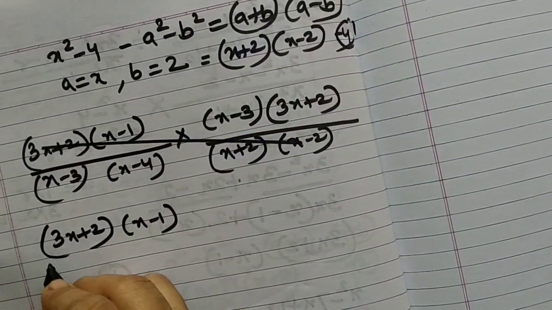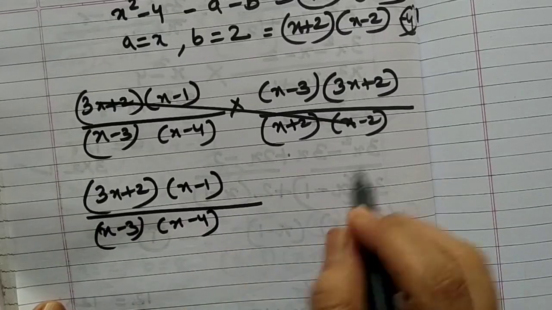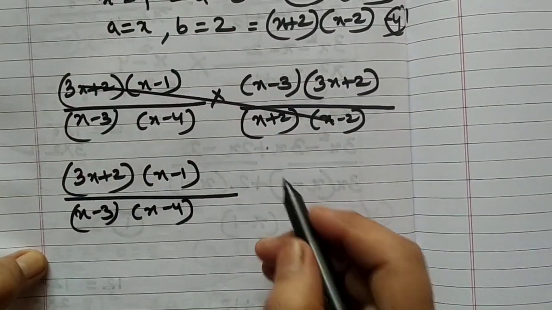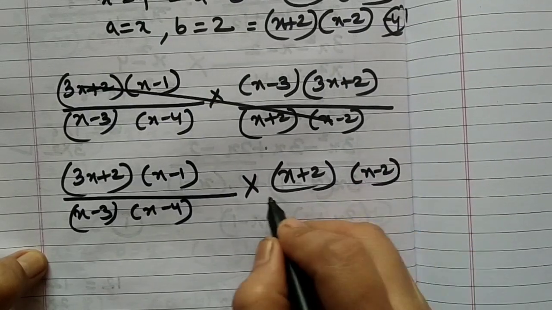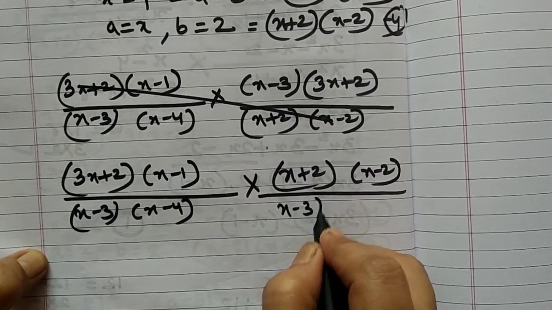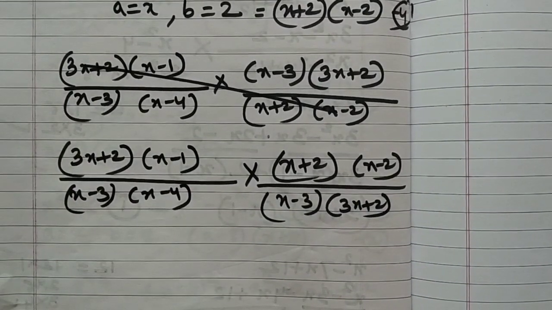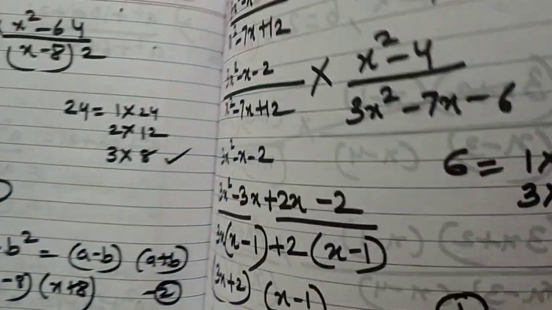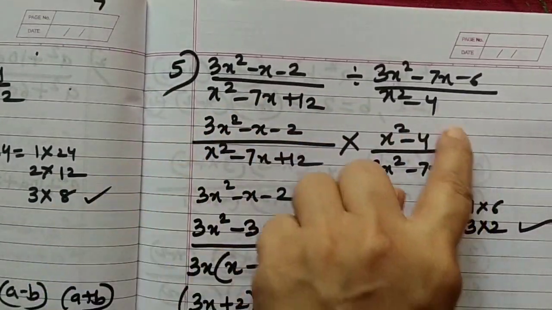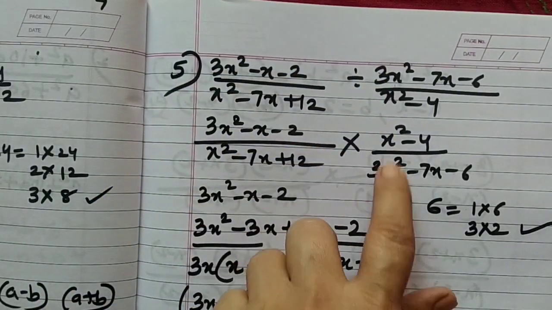This part is coming the same, x minus 3 into x minus 4. Only here this should come, multiplied by x plus 2 into x minus 2 upon x minus 3 into 3x plus 2. So you have to be very careful. See, even I made a mistake. So when you are writing this equation, you have to write it in this form, not this. Because here we have interchanged. So after interchanging, what we get, that we have to write.